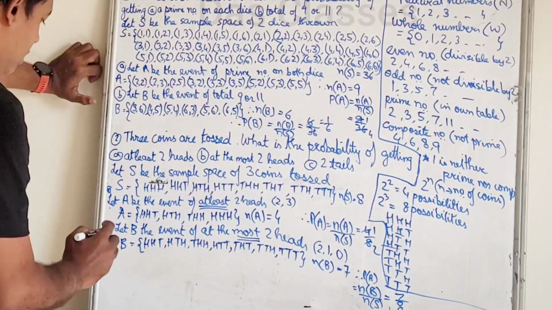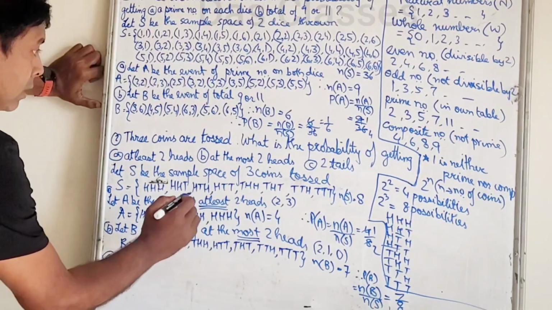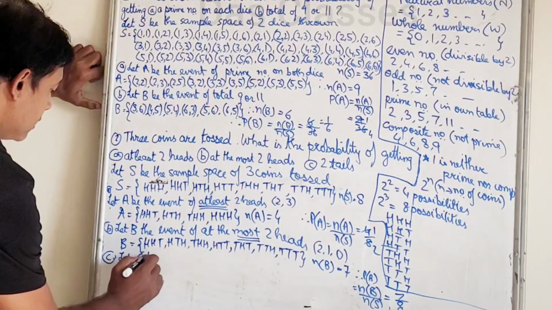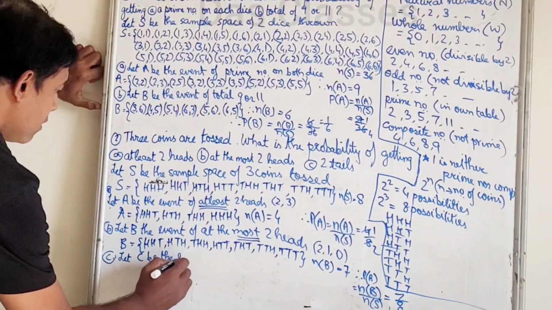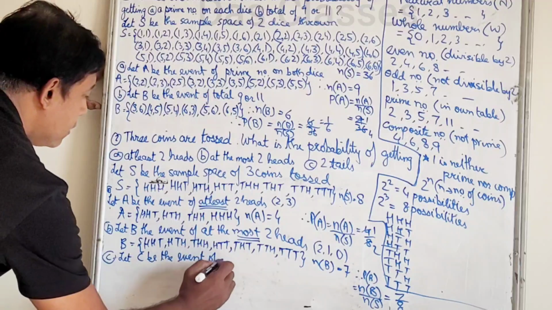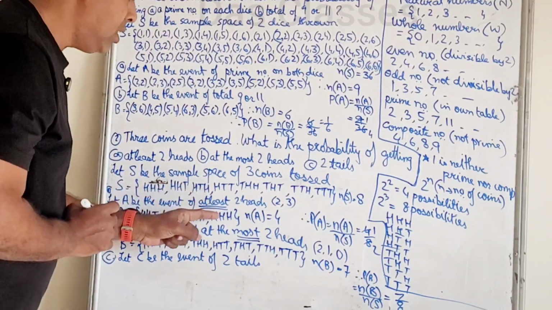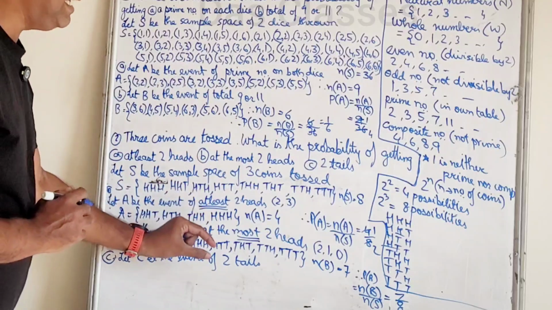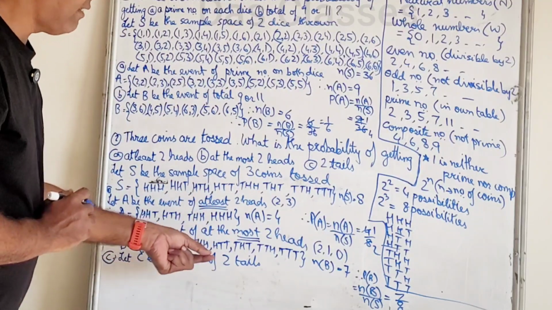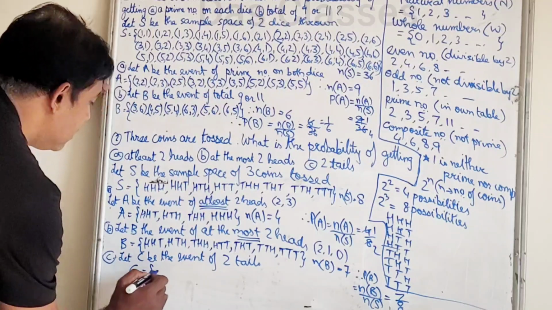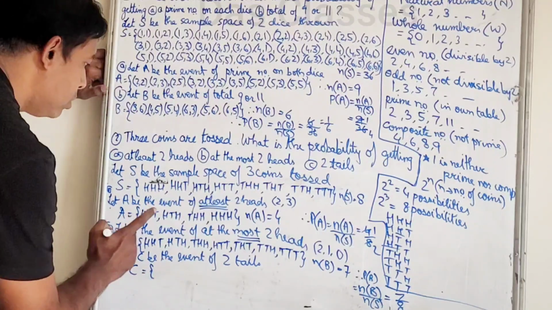And last but not the least, the third one was 2 tails. Let C be the event of 2 tails. Now it is neither at least, nor at the most, exactly the value. So whenever there is the exact value, you have to just take those exact values. So which are the exact values? 2 tails.